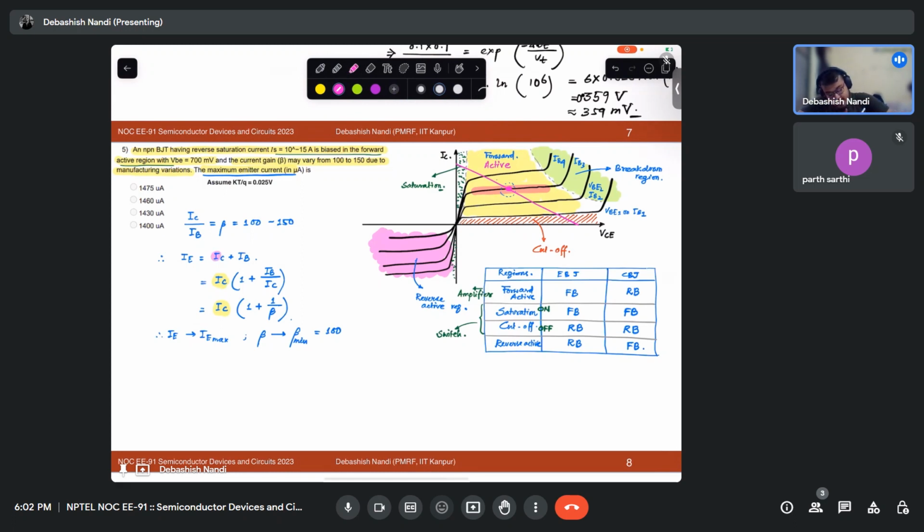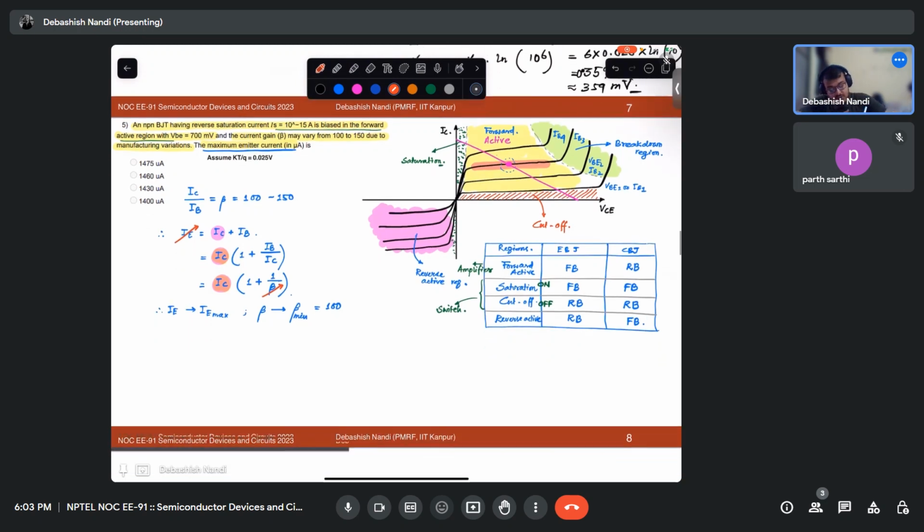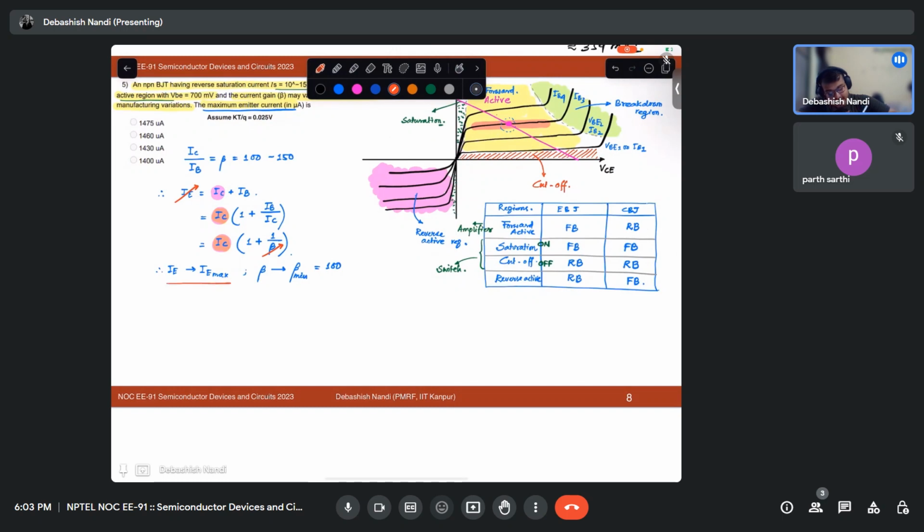So this quantity IC is almost constant. So whatever the variance in IE, that will be due to your beta. IE will be maximum if your beta is minimum, fine.